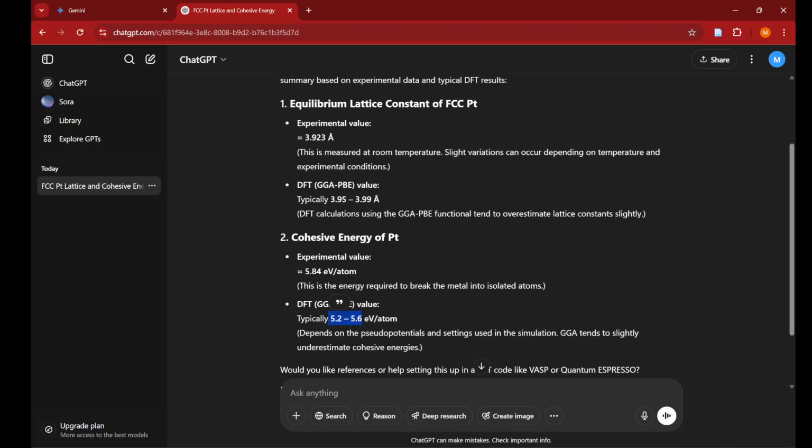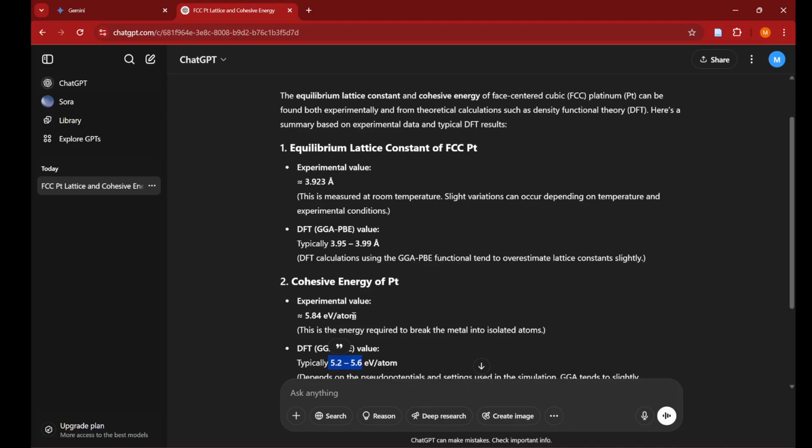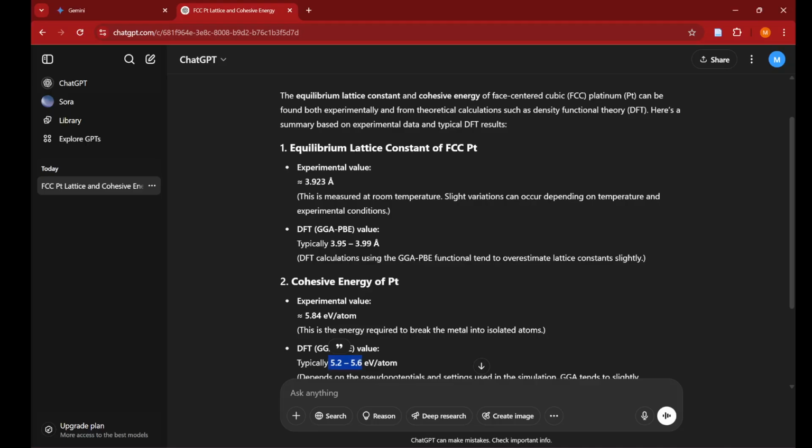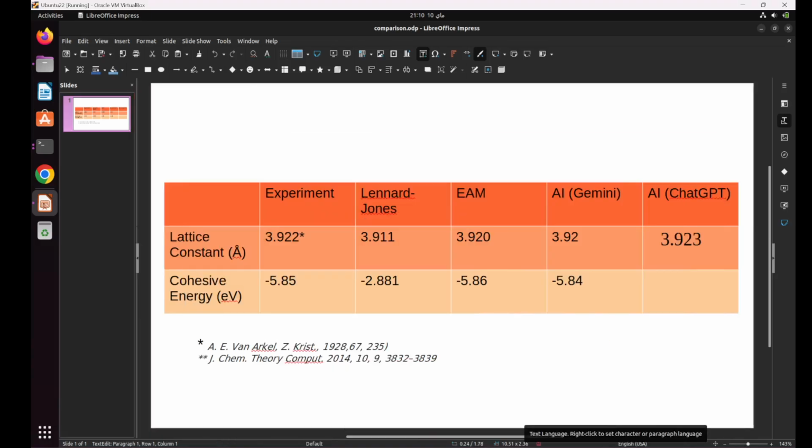All right, very good. I think this is quite impressive. It's given 3.923, so let's summarize this. The cohesive energy is very similar to Gemini.